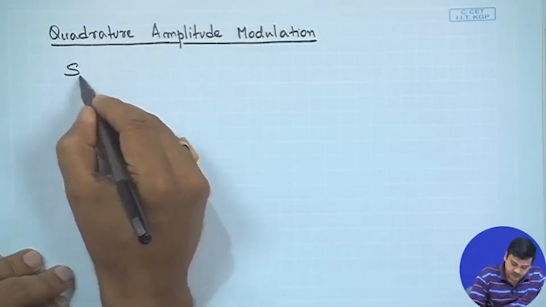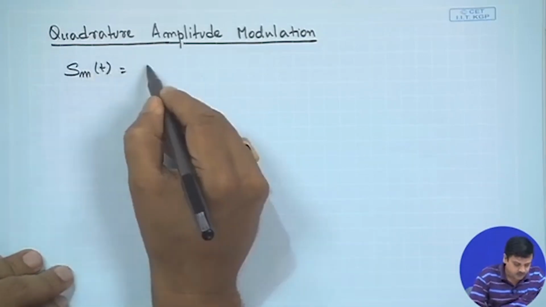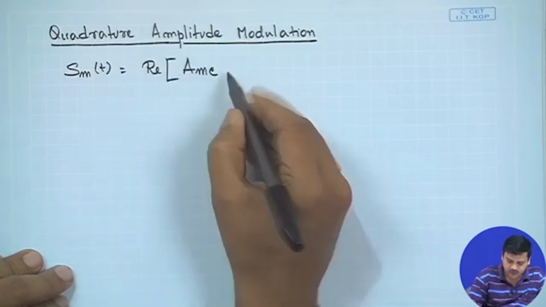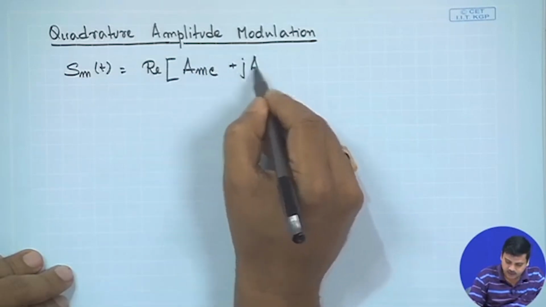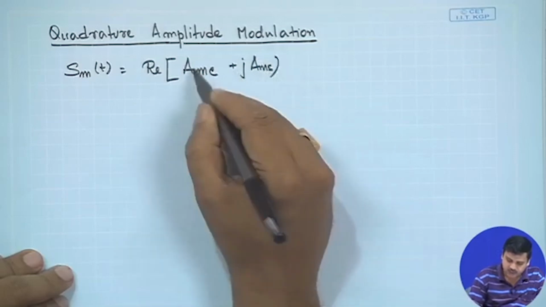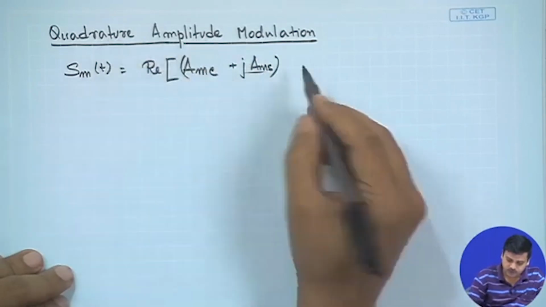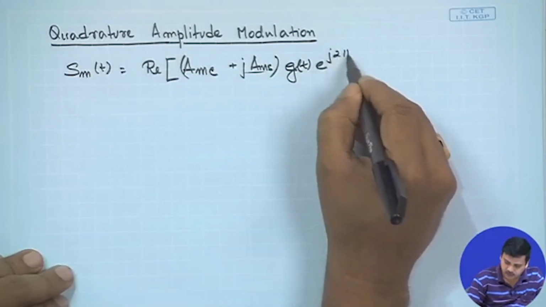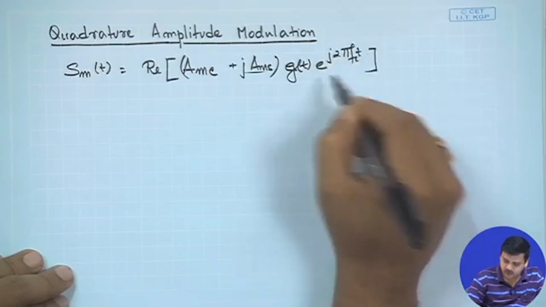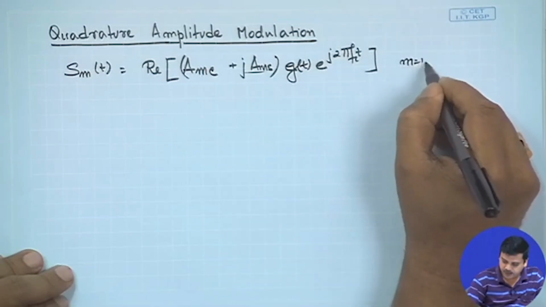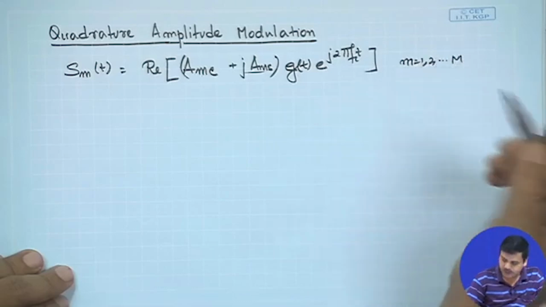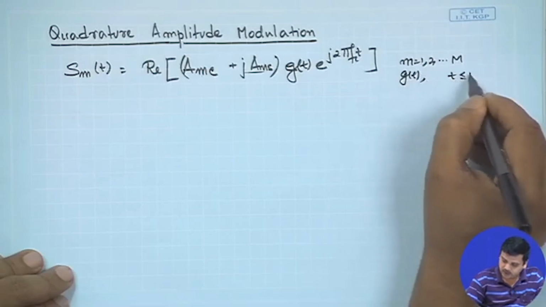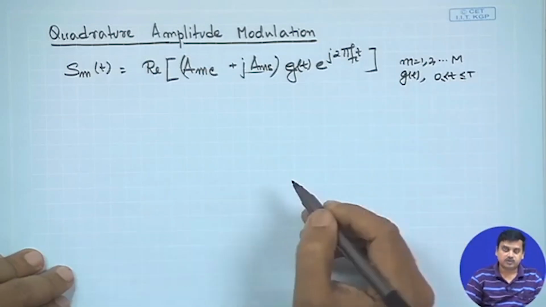We had written down the signal expression s_m(t) as the real part of a_m^c with the cosine plus j a_m^s with the sine, that means the quadrature amplitudes, times g(t) e^(j2πf_c t), and that is the modulation part, for m equal to 1 up to capital M, with g(t) being non-zero for t within 0 to T.